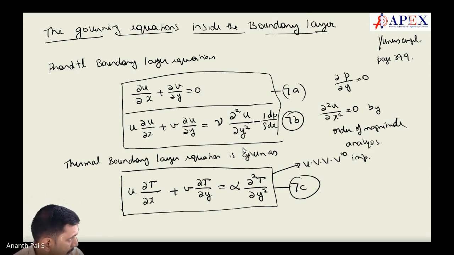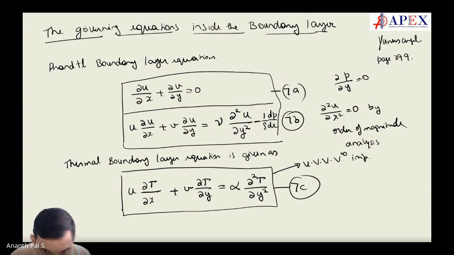You understand? So there is no pressure gradient in the Blasius flow, and inside the thermal boundary layer, we don't have the ∂²u/∂x² term. Similar to Blasius flow, in the thermal boundary layer also, you don't have the ∂²T/∂x² term. There is no diffusion of temperature along the x direction.